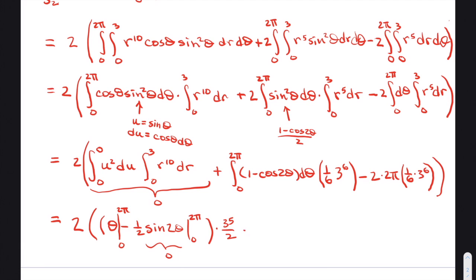And then minus, I think, a 4 pi times 3 to the 6 over 6, which we again could call 3 to the 5th over 2. I know there's more simplifications in there. Okay, let me close off the parentheses here.